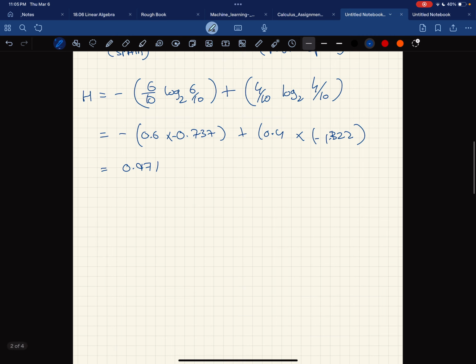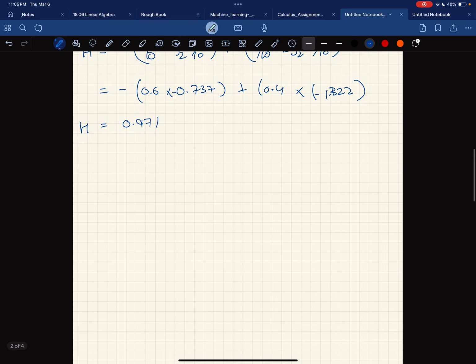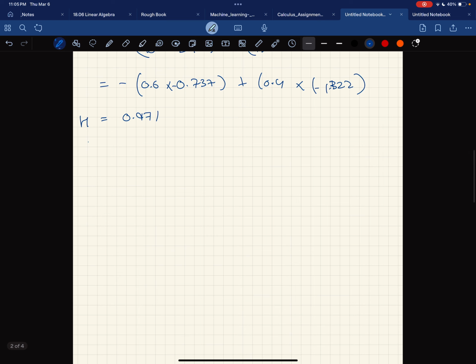So let's interpret this entropy. If the entropy is higher, then we got impure data. If entropy is lower, then we got pure data.